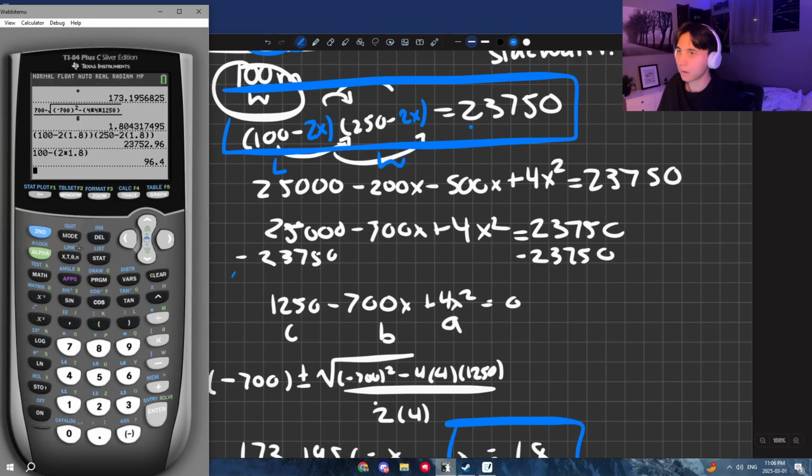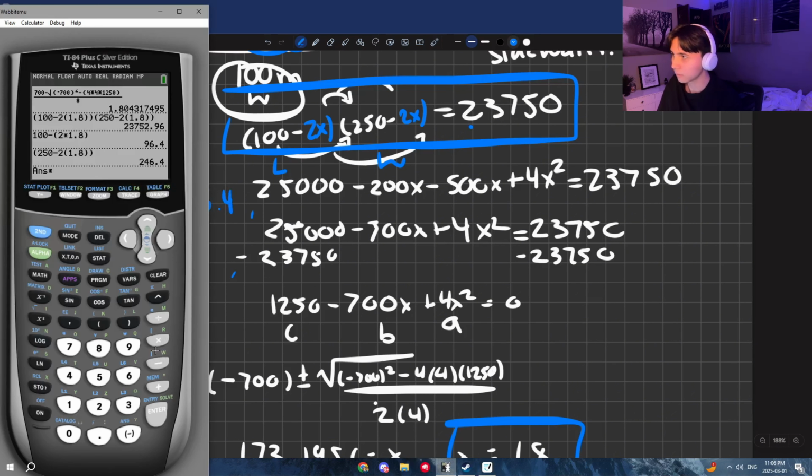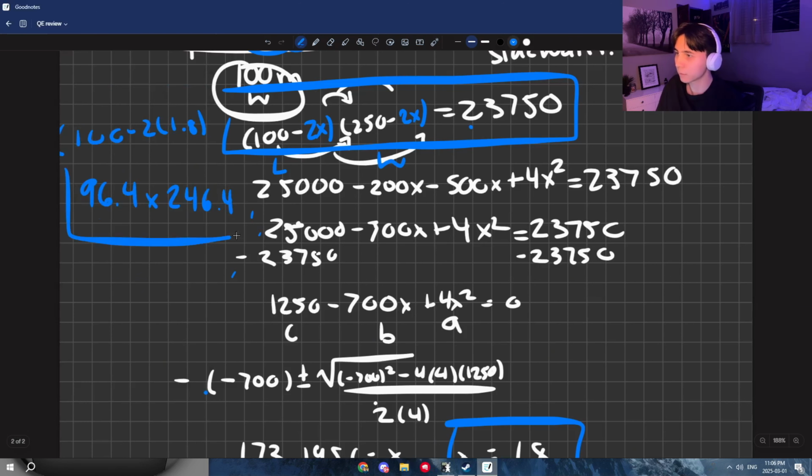And then our new width, since it's 250 minus 2 times 1.8, should give us 246.4. And when multiplied together, this should give you the new area. So this would be your new length and your new width.